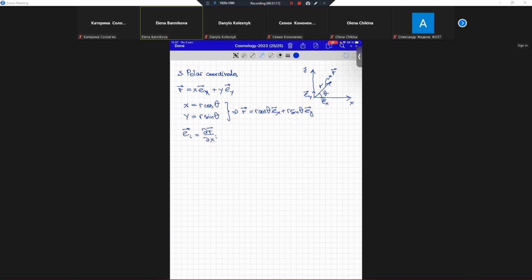You can see it's simple if you consider the representation of the vector. In this case, we can obtain er, which will be dr by dr. Let's look here: it will be cosinus theta ex plus sinus theta ey.